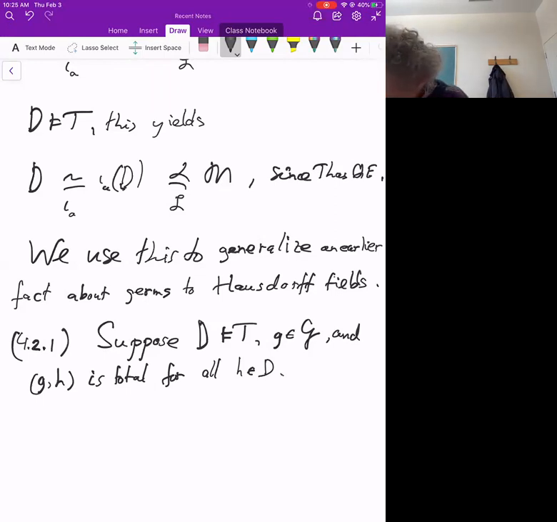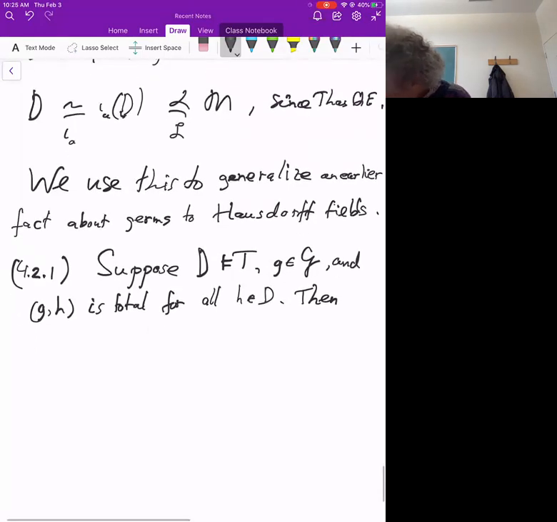Then I can explicitly introduce now a certain subset of G, D(G).